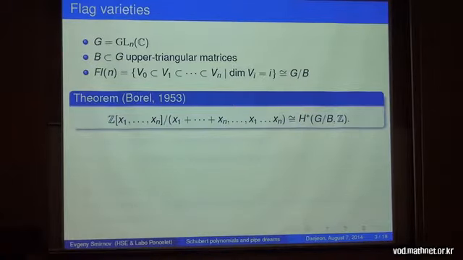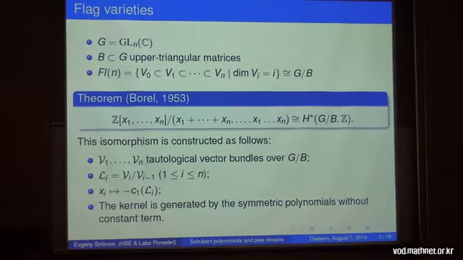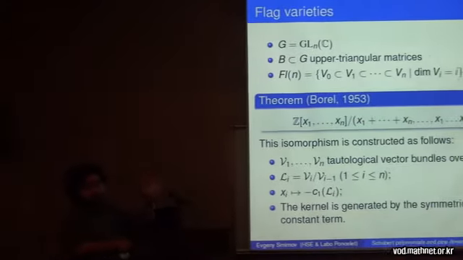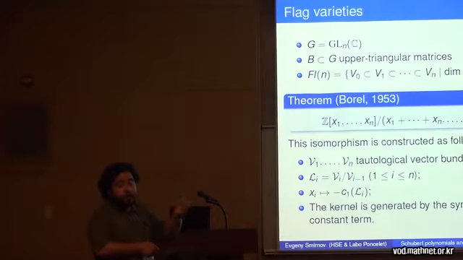And you can even say what these mysterious x_1, etc., x_n are. They have a very nice geometric meaning. If you have a flag variety, you have n tautological vector bundles over it, namely over each point you have an n-tuple of spaces corresponding to this point of the flag variety.